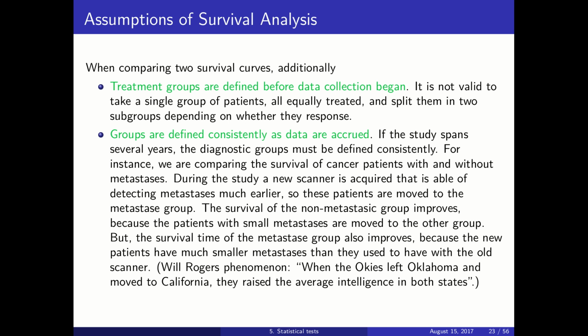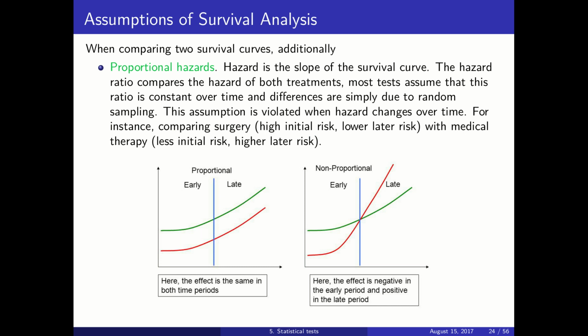At each time, the ratio between the hazard in one group and the other is constant. That is one of the assumptions of some of the tests, not all of them, but we need to be aware that some of the tests make that assumption. This assumption is called proportional hazards.